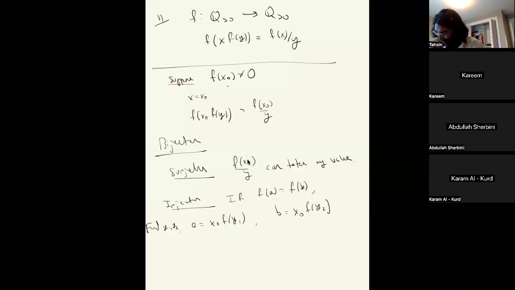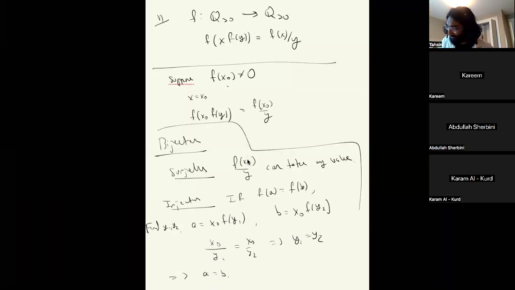And then that tells us y1 equals y2, and then that tells us that a equals b. Okay, very good.